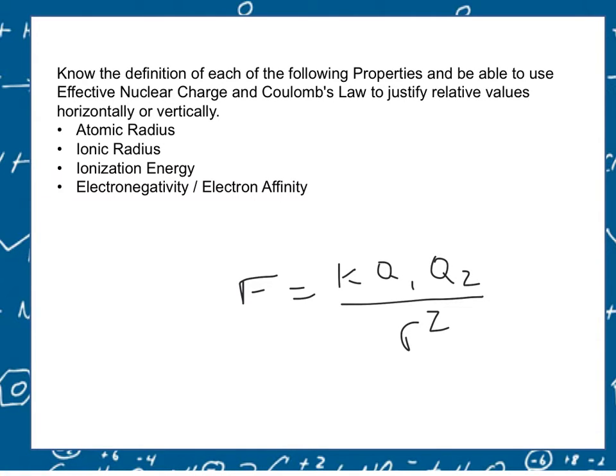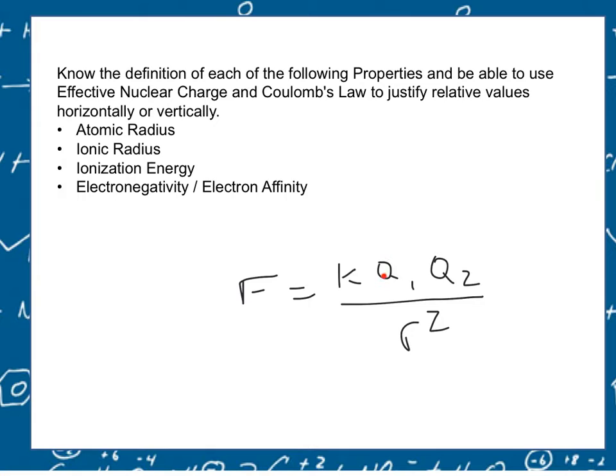So Coulomb's law says the force is proportional to some constant times the charges divided by the square of the distance between them. Things that make them further apart are going to increase the denominator, which is going to weaken the force. Things that make the charges higher, this is where the effective nuclear charge comes in because it's like our net force.